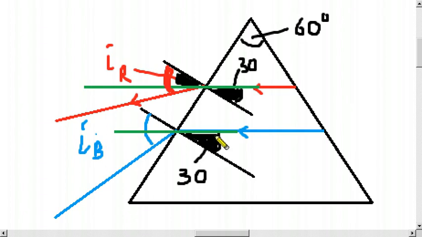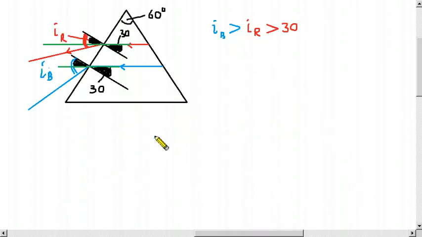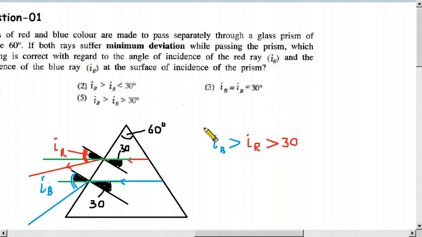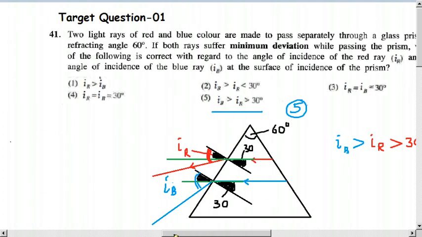What is the opposite angle to this one? It is this one. So this one is 30. You can clearly see now blue angle is greater than 30. Red angle is also greater than 30. So the answer should be blue, red, 30, the fifth one.